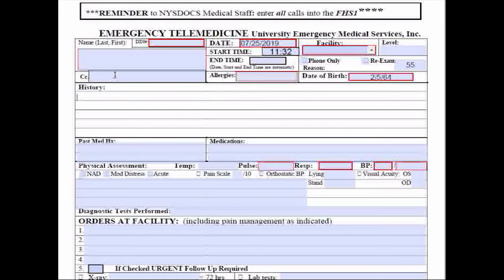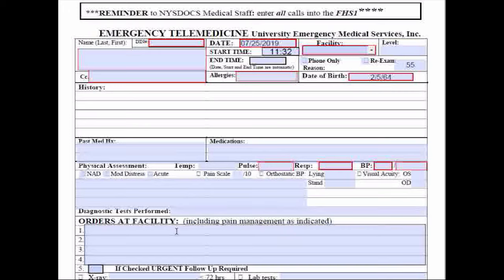Money is accepted. Chief complaint, what the patient tells you or the main problem, history as appropriate, past medical history as appropriate, medications as appropriate. You'll get inmates that have 25 medications, write the ones down that matter to this consult. Physical assessment, again, if they have something that needs an assessment and there's a way to describe it, please put that down.